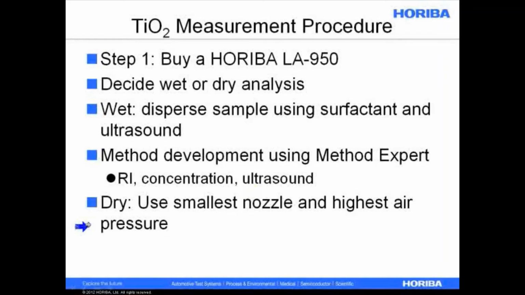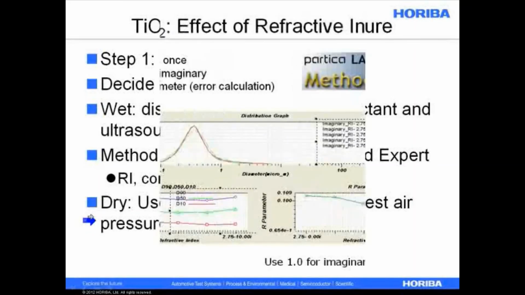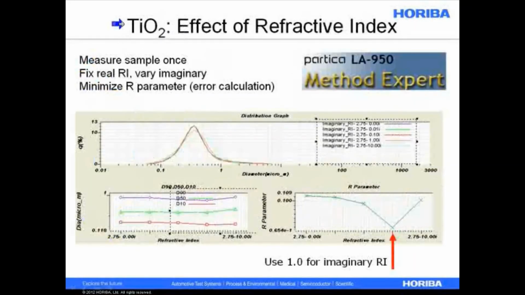And if we're going to just measure it as a dry powder, typically we'll just use the smallest nozzle, so we have the highest efficiency for dispersion, and probably run up at the maximum air pressure, something up near 4 bar. But as I get started with a new sample like TiO2, one of the first things I might do is say, well, what should I use for refractive index?